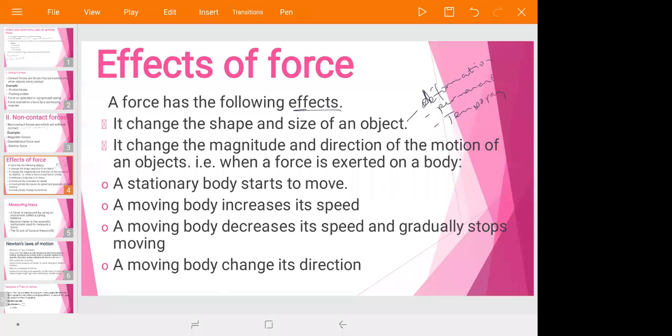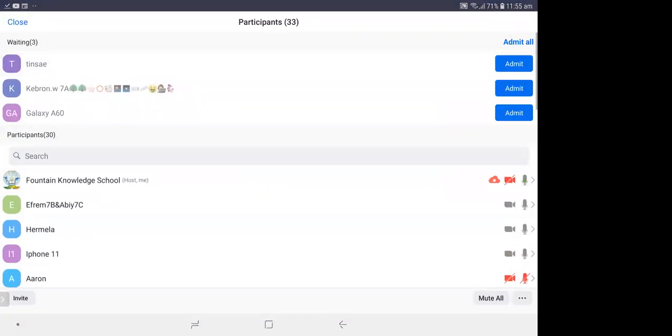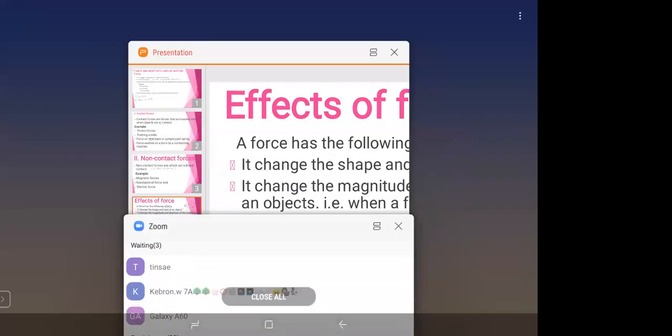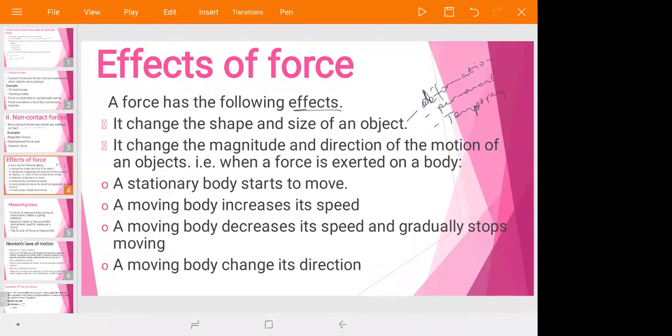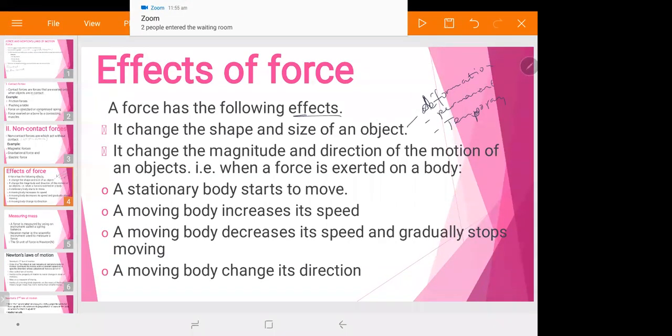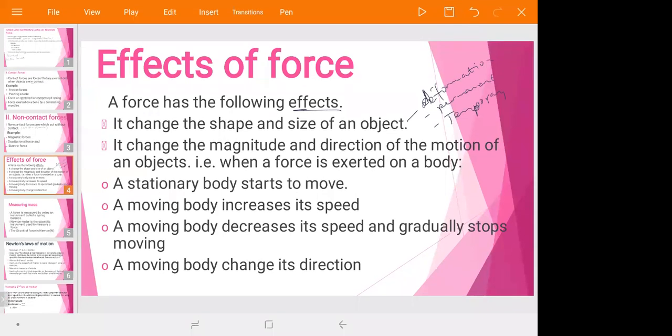If you apply a force on a spring, after you release it, it takes its first shape, okay? That means temporary deformation. Therefore, change in shape or size is what we call deformation, okay?